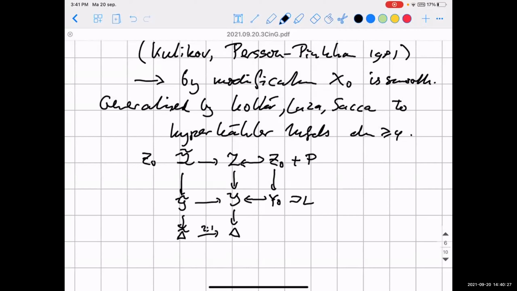you have a manifold here. And this maps to the line, pre-image of the line. Sorry.